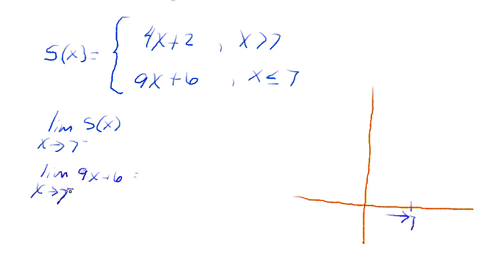So we could do the direct substitution because 7 is in the domain, and we'd end up having 9 times 7 plus 6. But let's just kind of look at this here real quick. What is that, 63, 69? Is that right, 69? And so this is not going to be to scale, not even by a long shot.